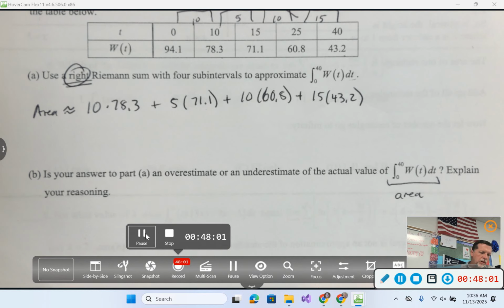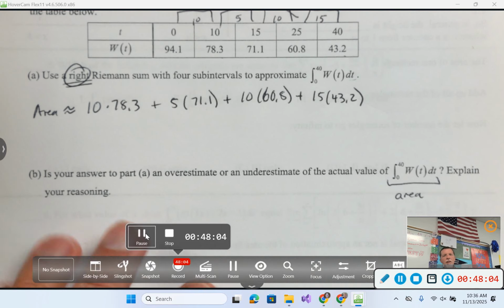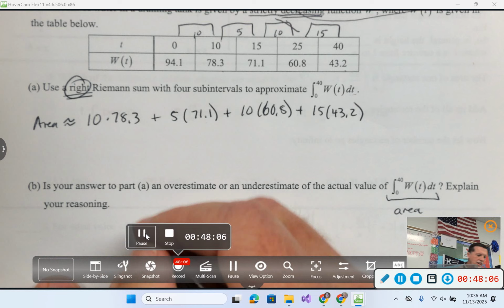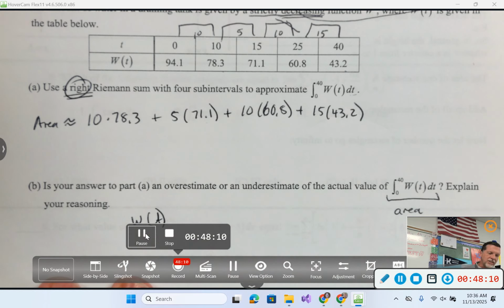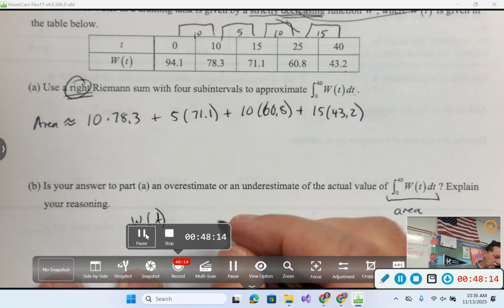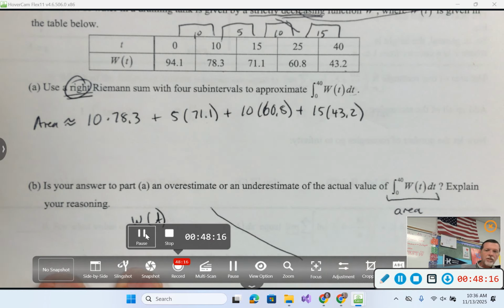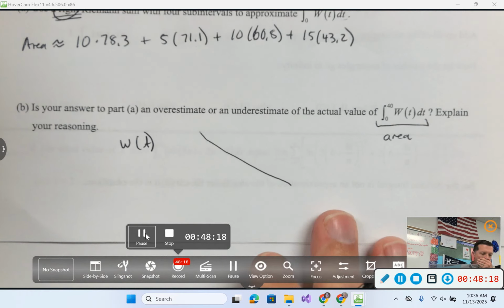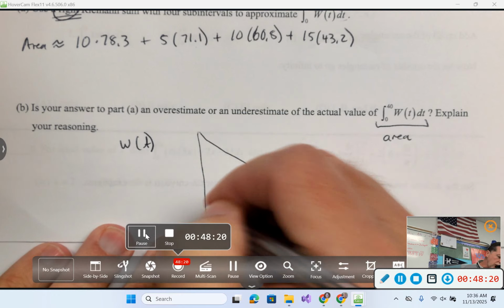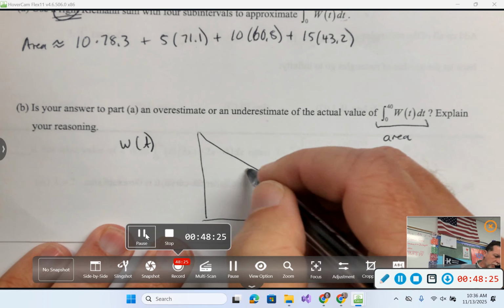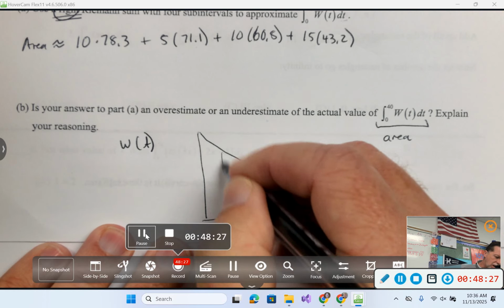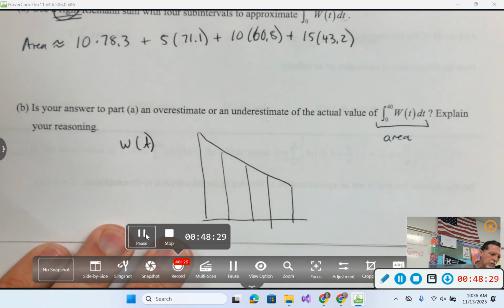Okay, well, what do we know about... So I want to sketch something out. What do I know about W of t that would help me sketch it? Strictly decreasing. So I don't know if it's concave up or concave down. It doesn't tell me, so it must not matter. So it's decreasing. And I'm using, let's see, right hand.